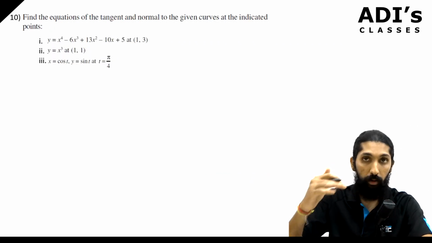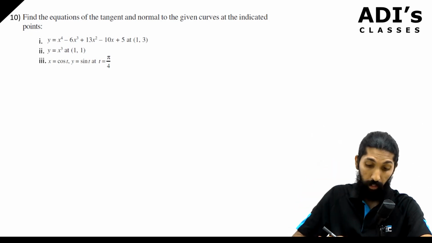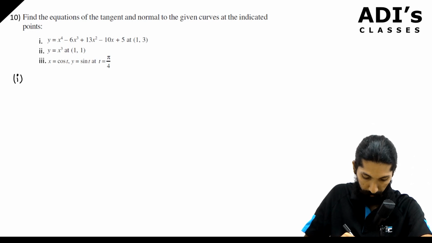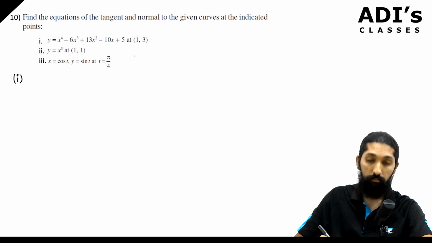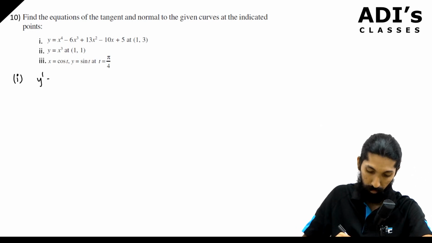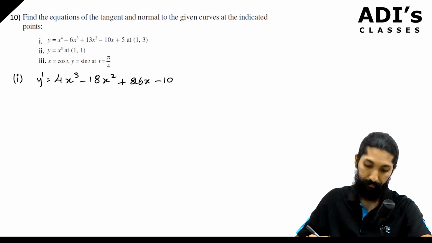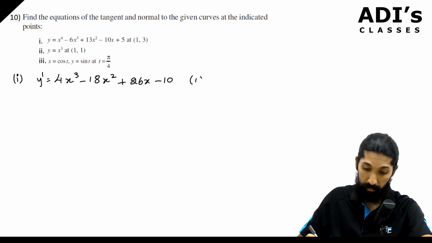Here you have multiple sub-questions, correct? Question of both tangent and normal to the given curves. So let's do the first one. y is this at (1, 3). So differentiate. You have 4x cube minus 18x square plus 26x minus 10. Substitute x as 1 because x is equal to 1.